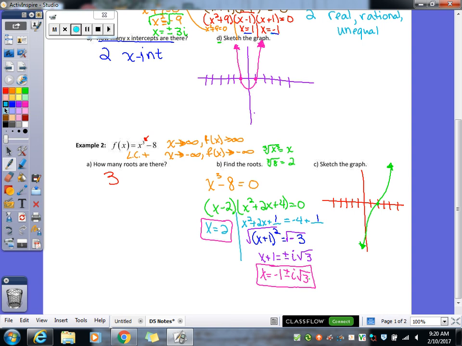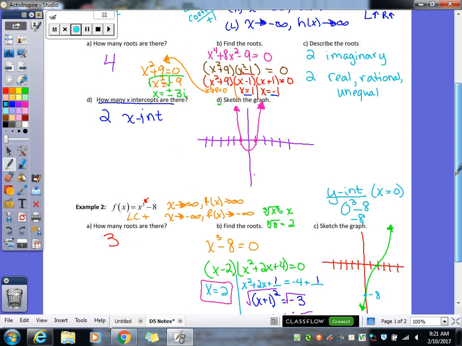Now, one thing you can do to try to make your graph a little bit more accurate is you can go through and find out what your y-intercept would be. Remember, your y-intercept is where your x equals 0. So if I were to plug in a 0 for my x, I'd get a negative 8. So you want to make sure that that crosses at negative 8.